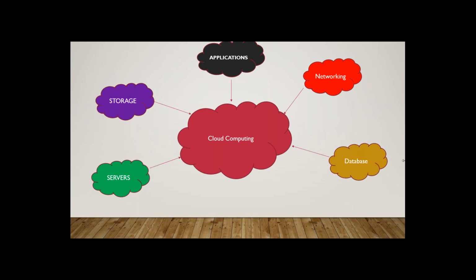But now servers, storage, application, network, database, everything is running over the cloud. The company is not taking any headache. They are saying, why waste that much money on the physical infrastructure? Let us go and use cloud because it is secure also, right?